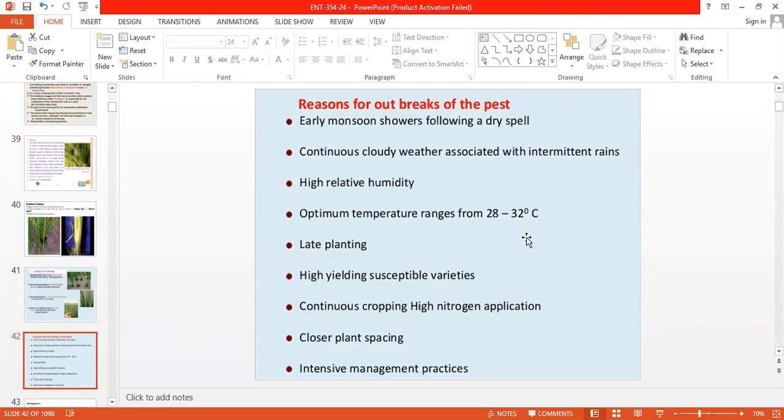High relative humidity, optimum temperature range of 28 to 30 degrees centigrade, late planting, high yielding susceptible varieties, continuous cropping, high nitrogenous fertilizer application, close planting, and intensive application of management practices. These are the major reasons for the outbreak of gall midge infestation.